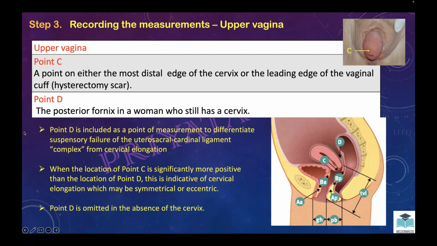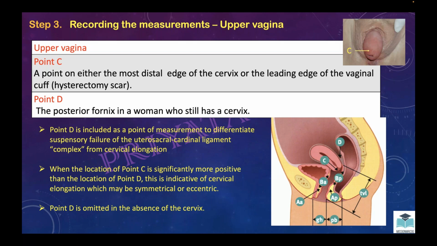It helps in differentiating whether it is a failure of the uterosacral ligament complex or whether it is cervical elongation. If it is cervical elongation only, then C will be plus and D will be minus. Okay. So this way it will help in finding out whether it is prolapse or whether it is only cervical elongation. In cervical elongation, C will be plus but D will be minus.